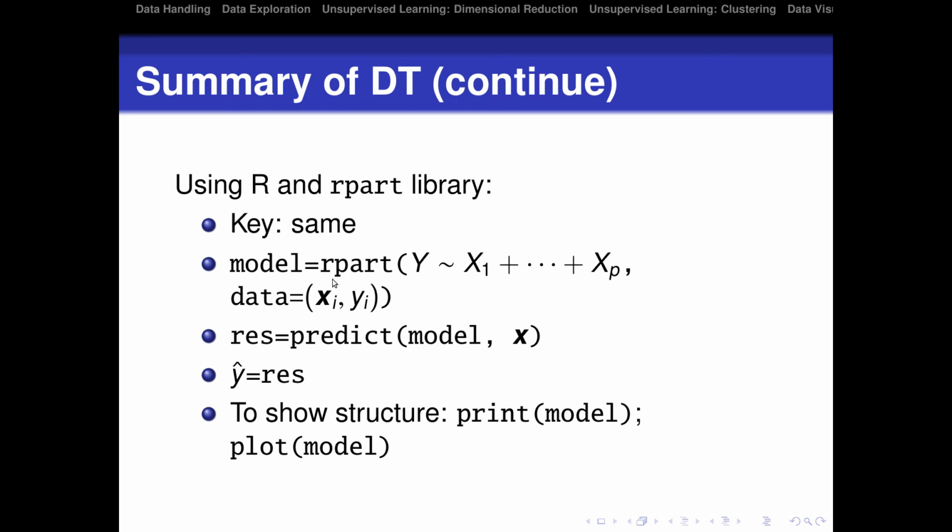Apart from the difference in name, the whole thing is more or less the same. The parameters are actually different for these two algorithms, rpart and tree, but calling them is more or less the same.